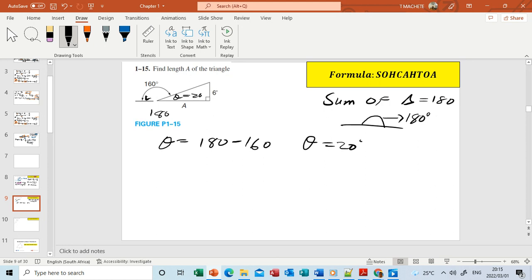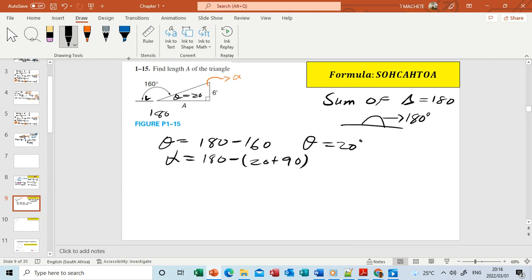Because the angles on a straight line add up to 180, and also the angles of a right angle triangle add up to 180. So if we've got that 20 there, and we say this angle is alpha, alpha will be equal to 180 minus 20 minus 90.